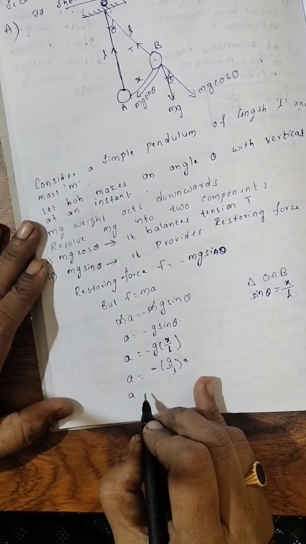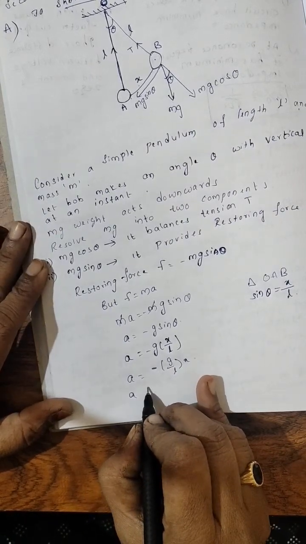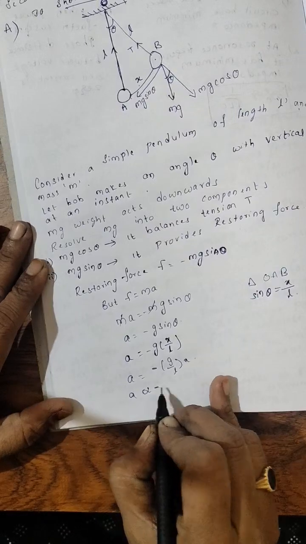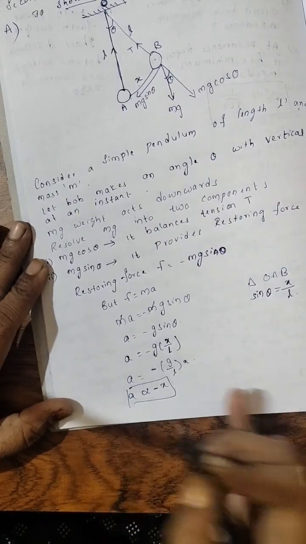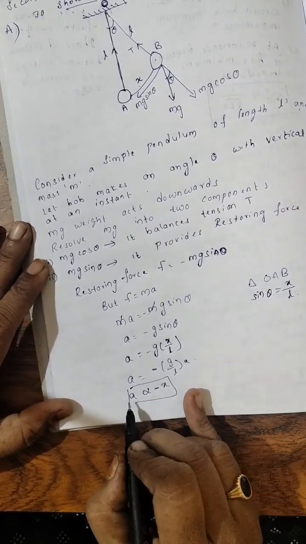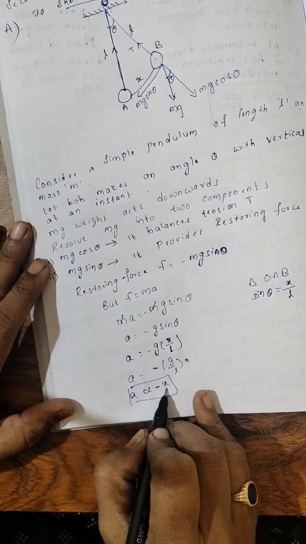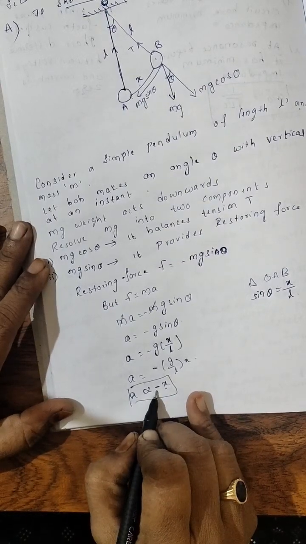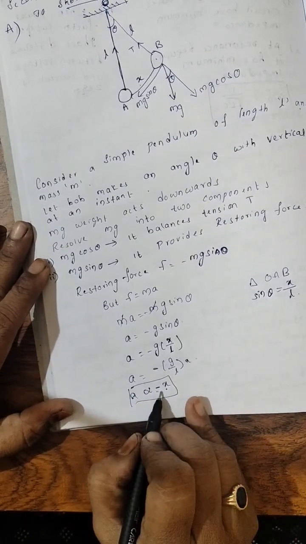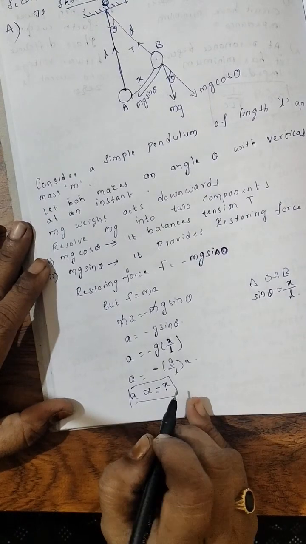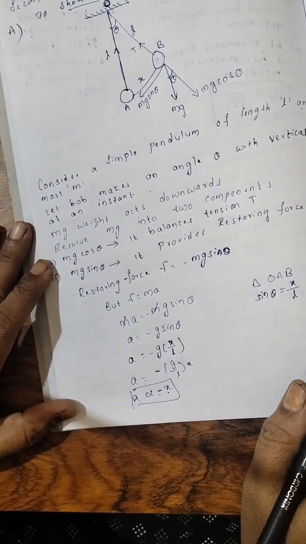Or I can write a proportional to minus x. That is, a is directly proportional to the displacement but in the opposite direction, which shows that the motion of a simple pendulum is nothing but simple harmonic.